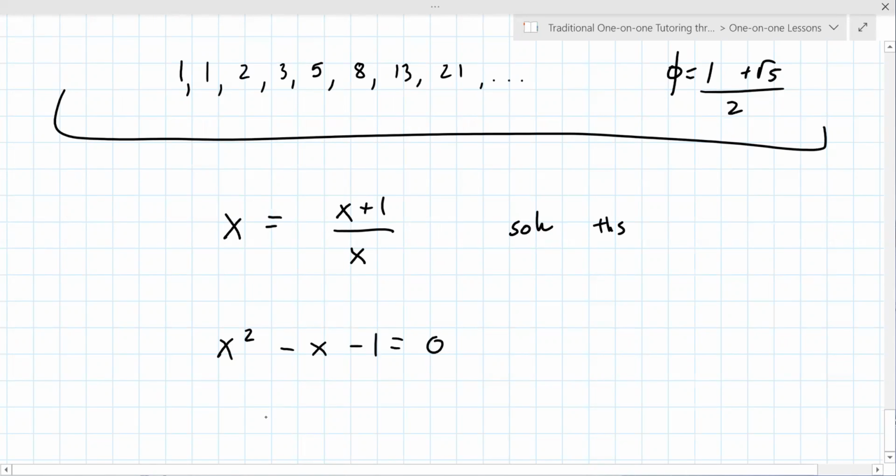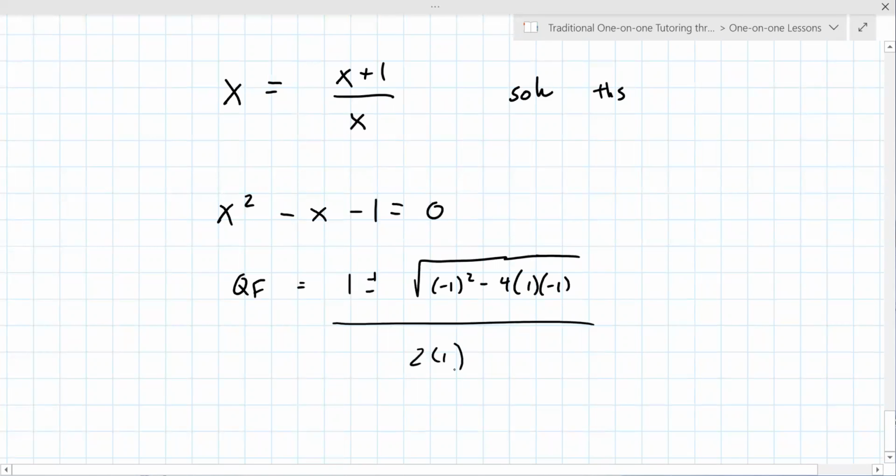Using the quadratic formula, you get 1 plus or minus the square root of minus 1 squared minus 4 times a times b, all over 2a. You get 1 plus or minus the square root of 5 over 2. When you subtract, you get a negative number, so it just leads you to 1 plus the square root of 5 over 2. And this is the golden ratio, as I wrote above.